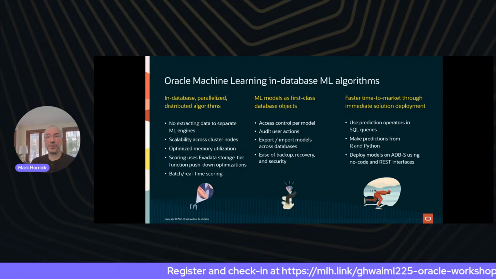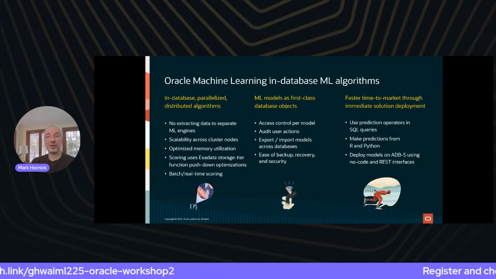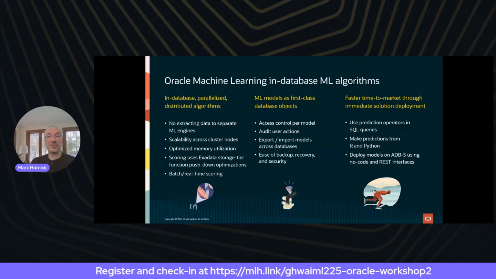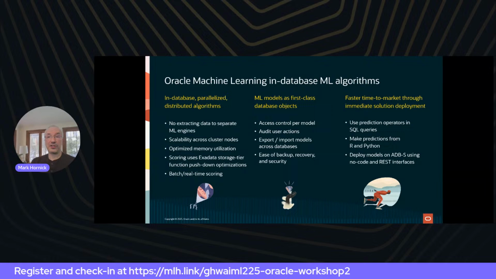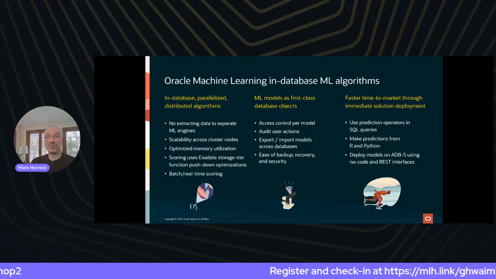These algorithms have been reimagined, redesigned, if you will, to offer scalability across cluster nodes and optimize memory use by not requiring all the data to be loaded into memory to build models. Scoring, also known as inferencing, can take advantage of the Exadata storage tier function pushdown optimizations for even faster scoring, especially for large batch scoring jobs.